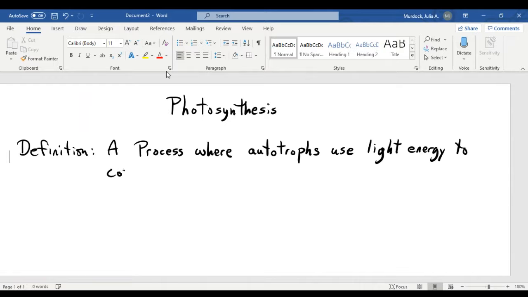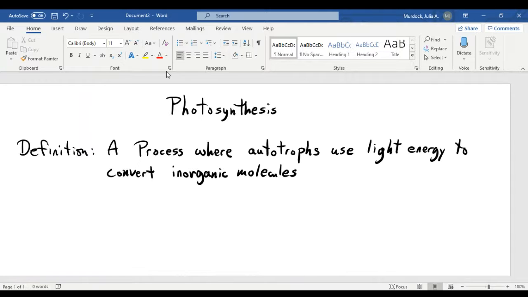to convert inorganic molecules. Again, you should know what inorganic means. Which other creatures would consider waste molecules, carbon dioxide and water, right? So those are the inorganic molecules.